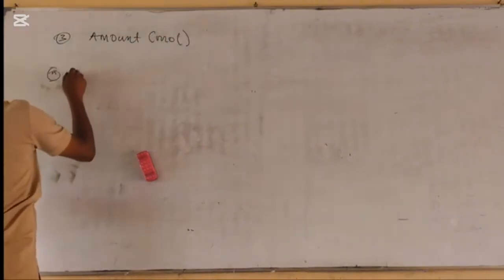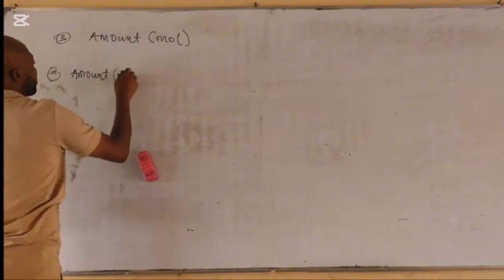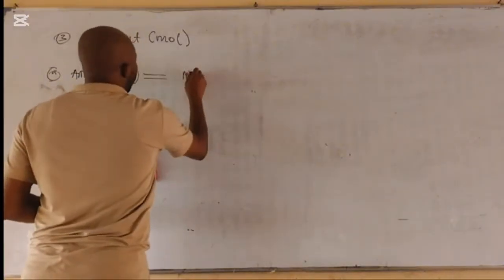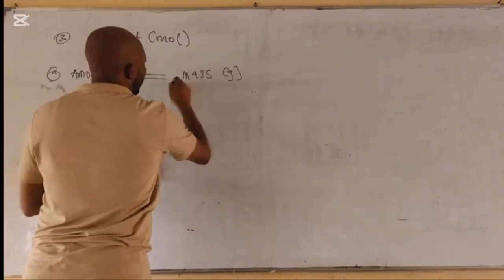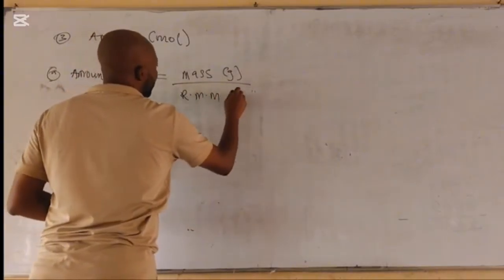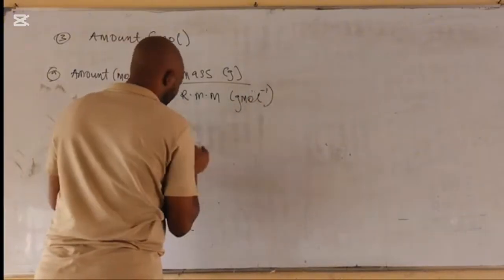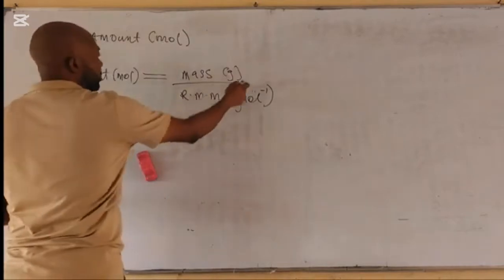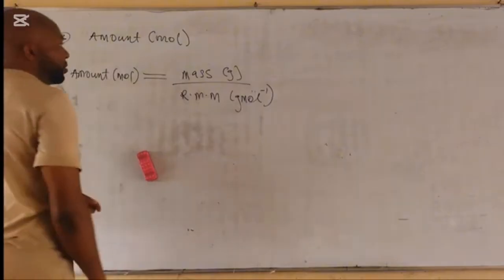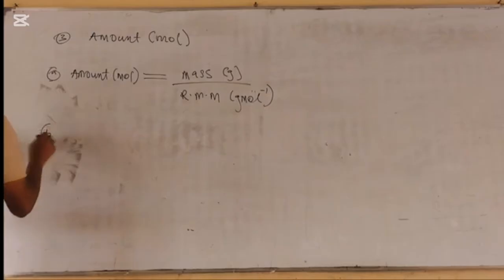A, amount in mole is equal to mass in gram over relative molecular mass in g per mole. Gram will cancel gram, I'll be left with per mole. If I inverse it, I'll have mole for amount. That is for A. Let's see B.